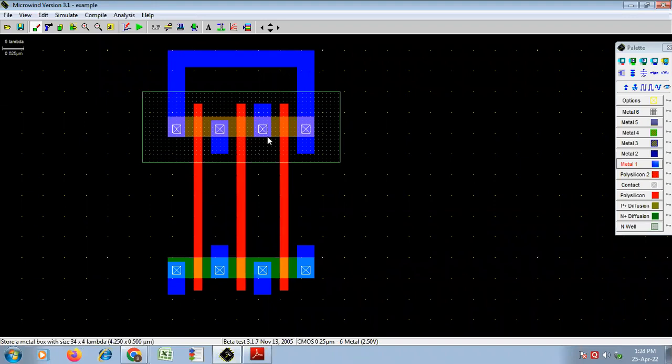It is a common drain of B and C. From this we have to take the output. And we have to connect this to the common drain of the NMOS of A and B, like this. This part we have to make common.